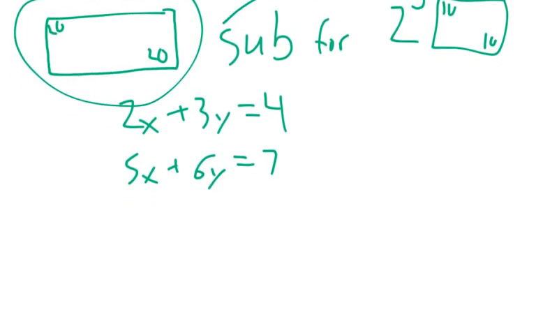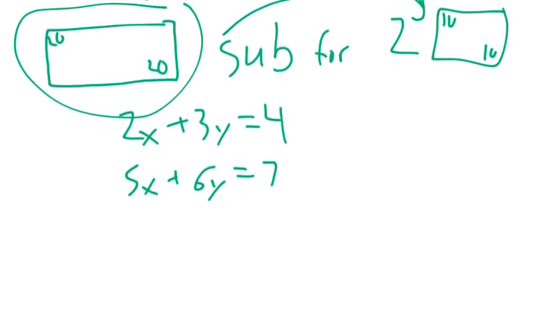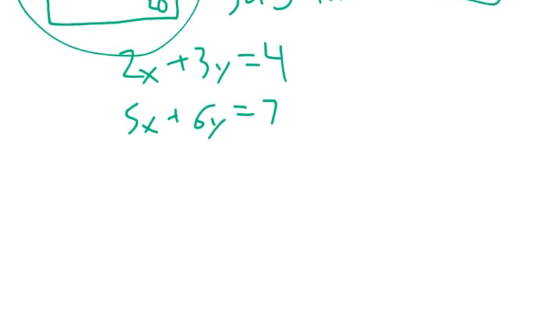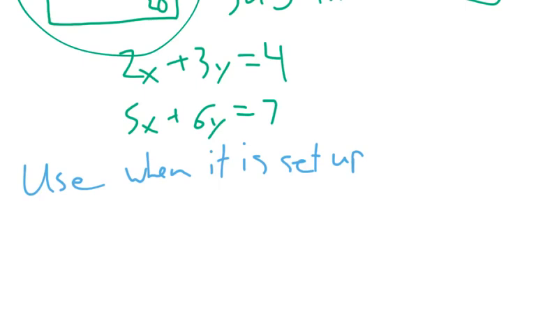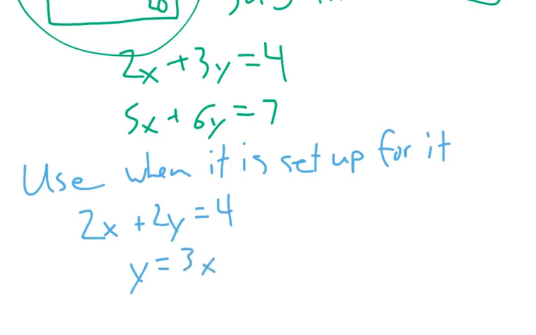Now, that's the what. That's what the method is. The why, or when perhaps we want to use it, is when things are easy. So use it when it is set up for it. For example, let's say we have 2x plus 2y equals 4, and we're told y equals 3x.